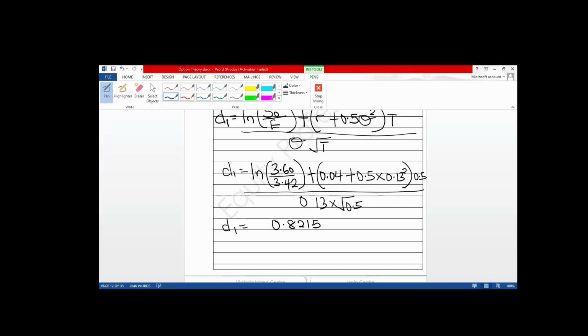Some students got different answers, such as 1.1618 and 0.8213. Do we have to press divide before we open the bracket for the 0.13 times 0.5? Of course, you must press divide.